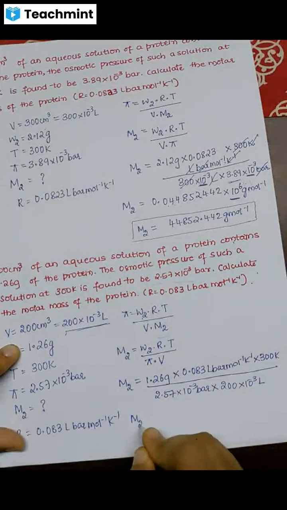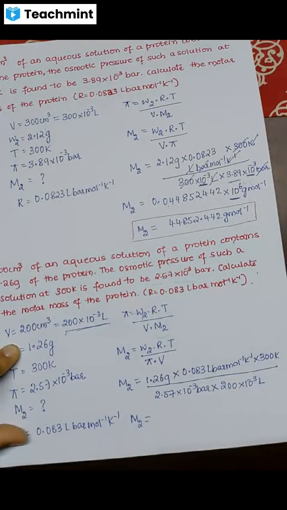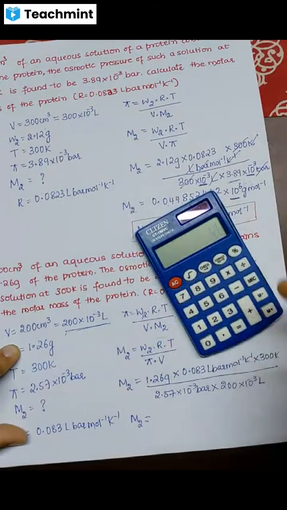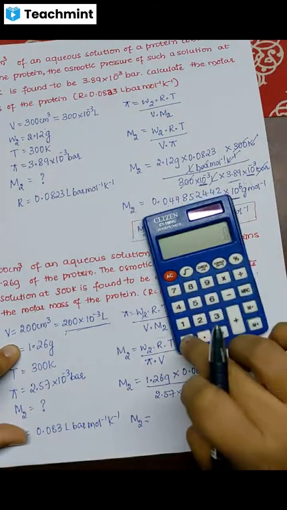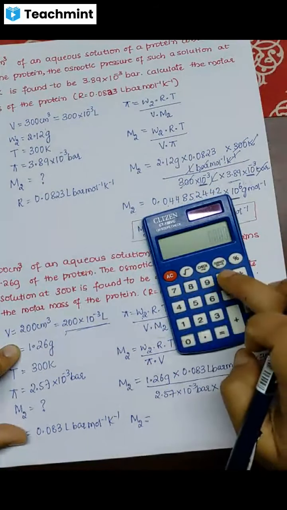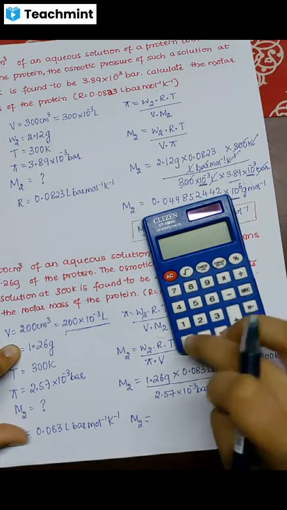So when you multiply it overall, multiply the numerator. On multiplying the numerator, what do you get? 1.26 into 0.083 into 300.